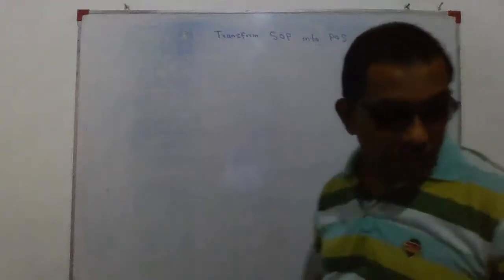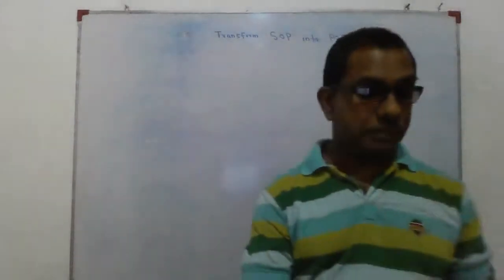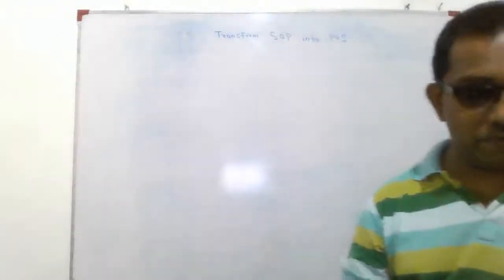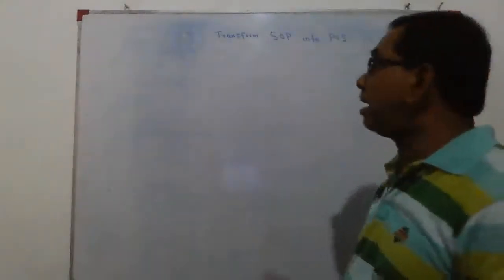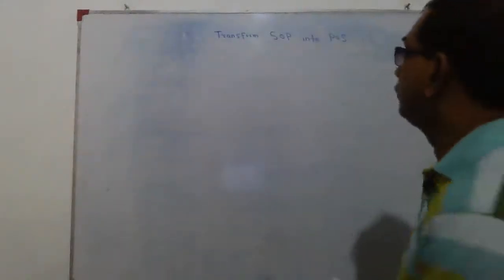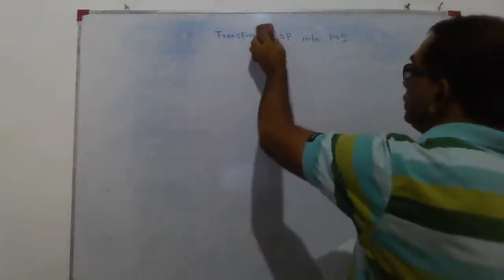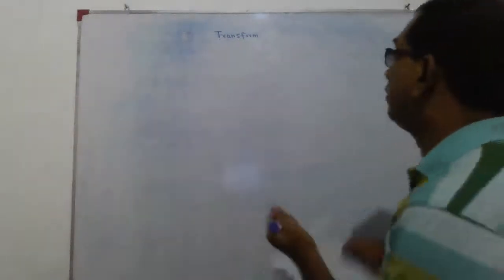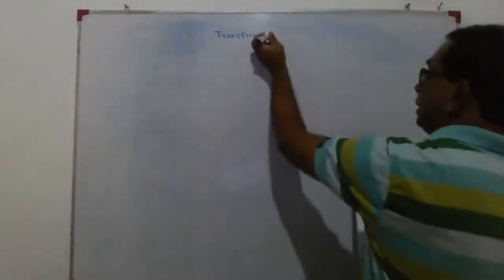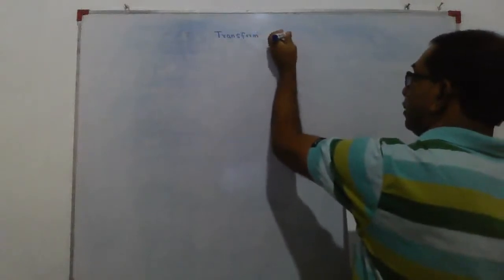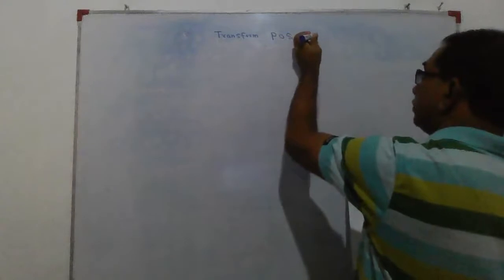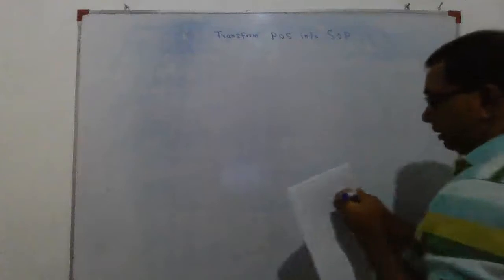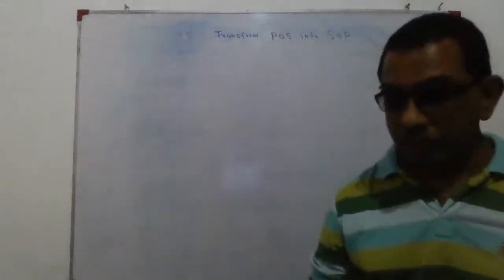Now I have a POS, product of sum statement. I take that statement, it would be like this. This time we are going to change the topic again, transform POS into SOP. POS into SOP, converting.